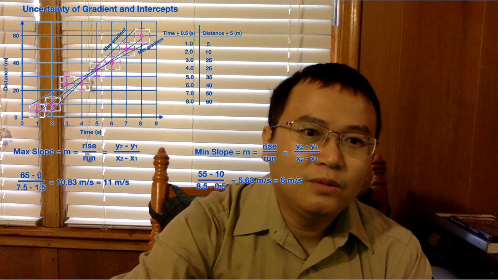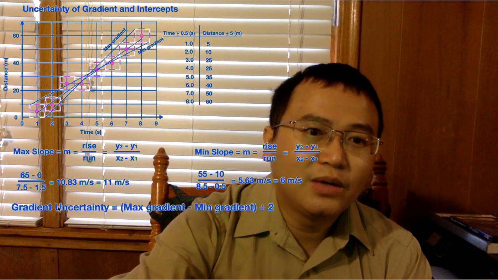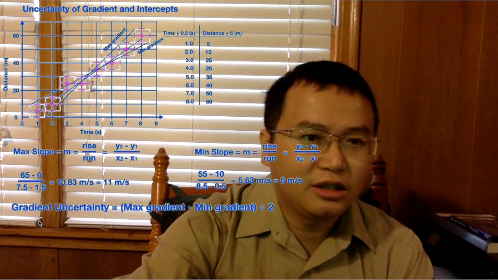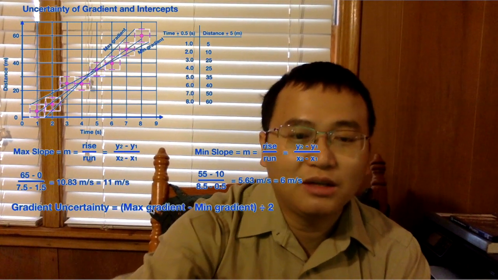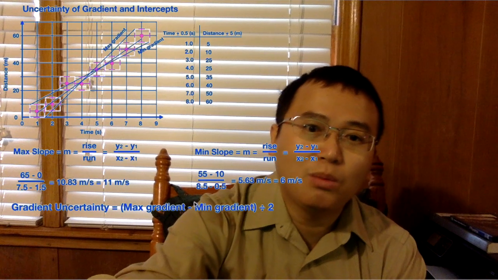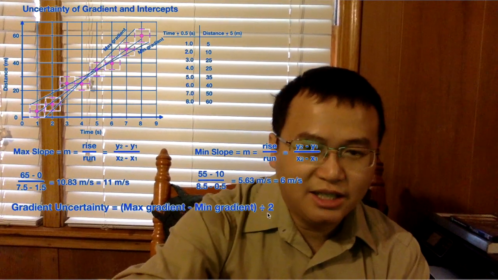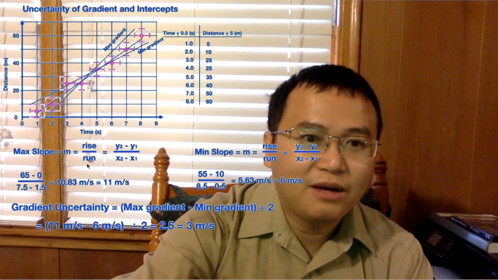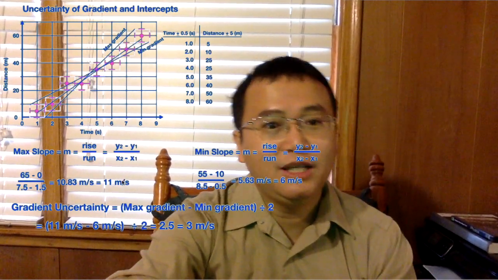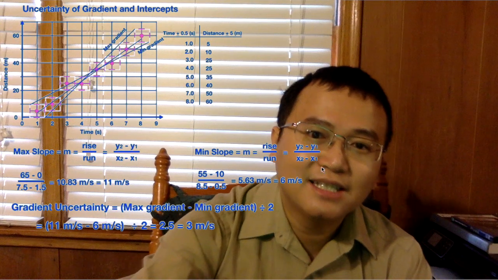All right, so the gradient uncertainty, or slope uncertainty, we're doing the same method over and over again. It's the maximum slope minus the minimum slope, divided by 2. So we have 11 as the maximum slope, minus 6 as the minimum.